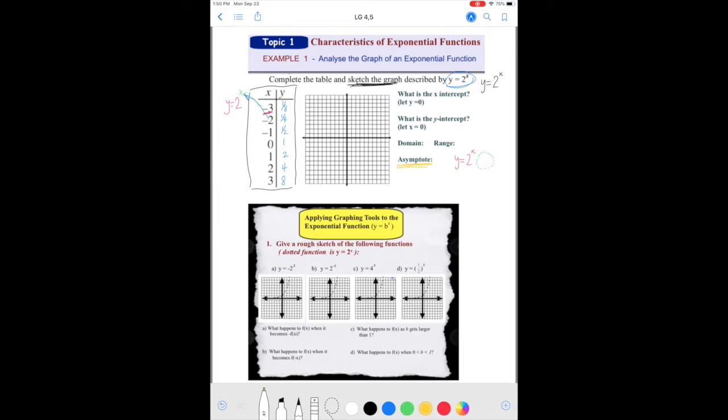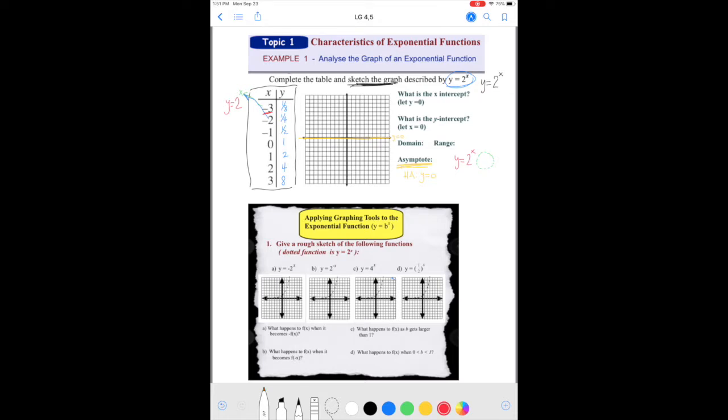Therefore, that means that the horizontal asymptote, HA, is y equals 0. So I know that there is a line right there, and you can label it y equals 0.